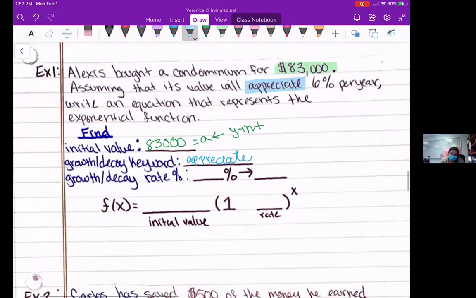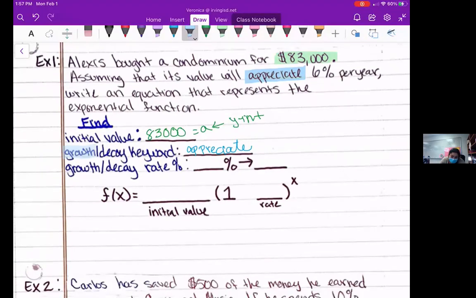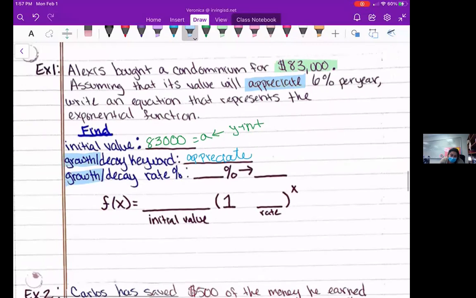So we know that this is appreciate, which means it's a growth keyword. So that means that my rate is also going to be growth, right? Well, where is my rate? My rate is right here, 6%. And we should also know that if I'm given a percentage, I have to convert it to a decimal. So 6% is what as a decimal?